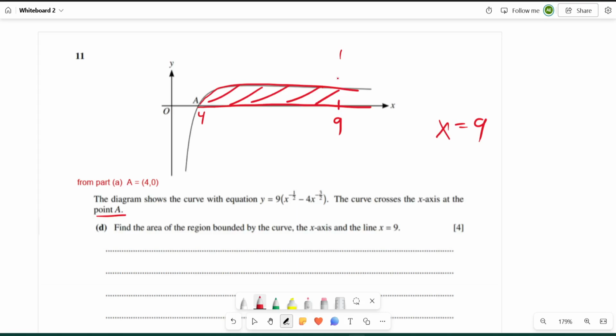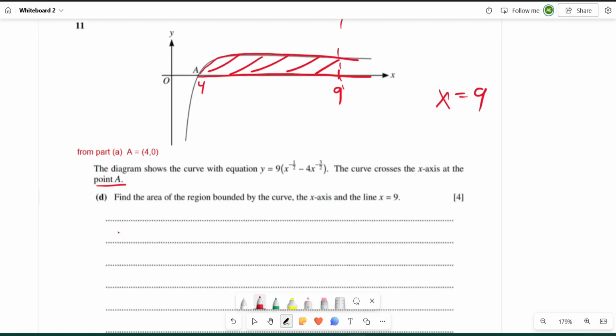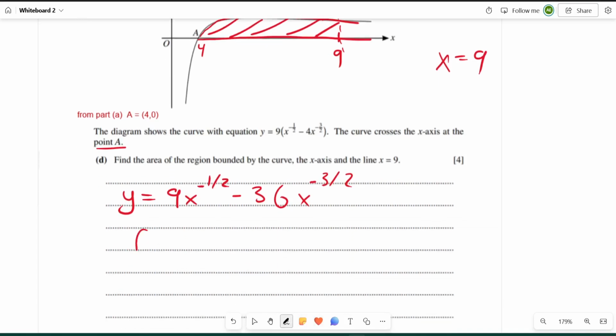So this is the area that I need to integrate, okay? So I'm going to, first of all, write this as y equals, I'm going to substitute: 9x power negative 1 over 2 minus 9 times 4 is 36 x power negative 3 over 2. Okay, so now I need to integrate 9x power negative half minus 36x power negative 3 over 2.